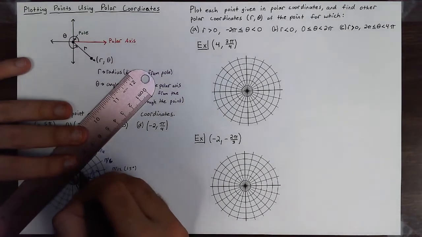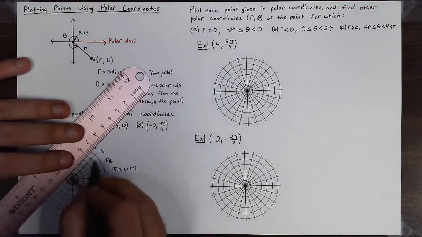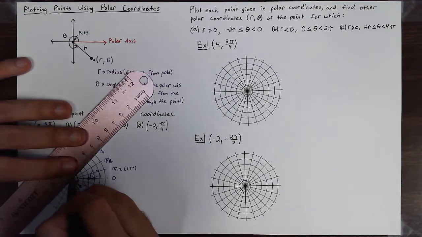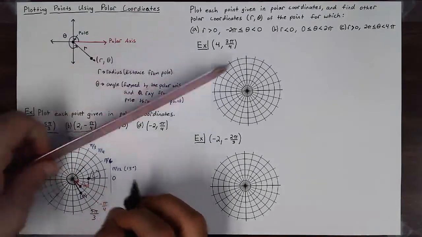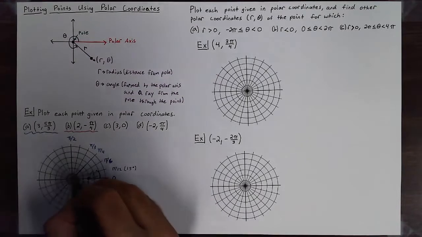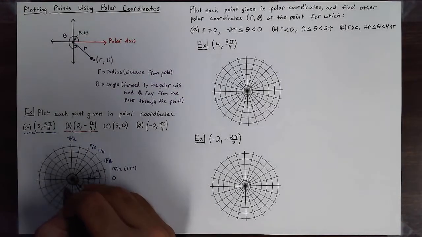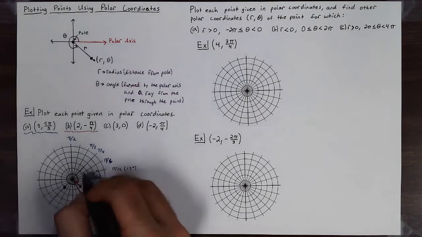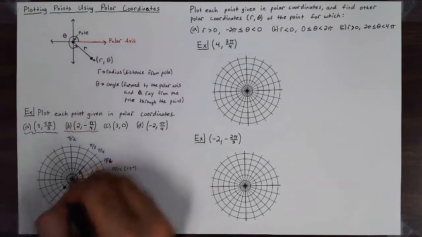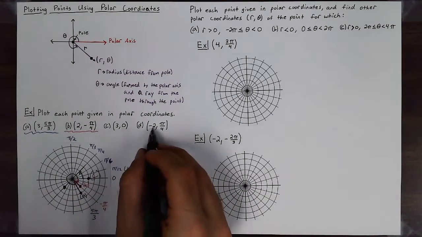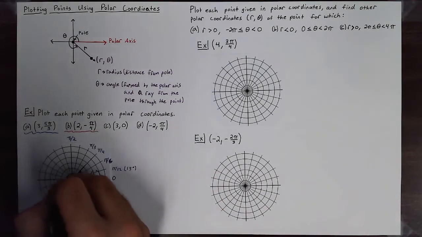So even though that's where the rotation would bring you to pi over 4, you would actually go opposite down the other axis to find that negative radius. So negative 2 would be 1, 2 away on this side. Even though pi over 4 would rotate you to that point, we're actually going to go in the opposite direction because of the negative radius for that point.